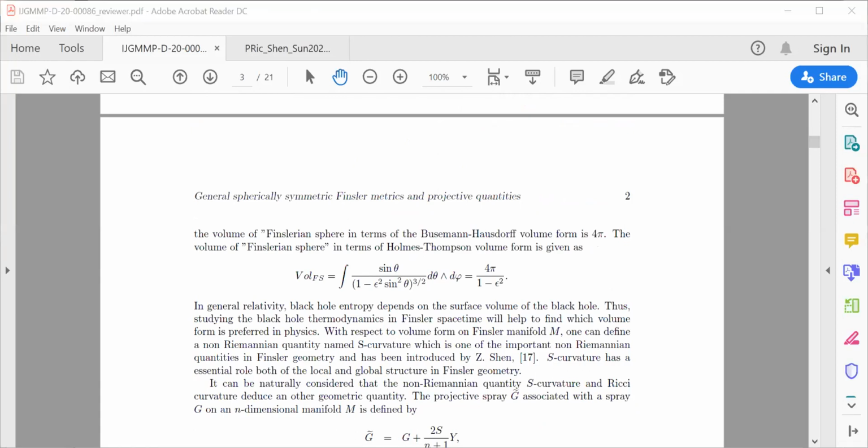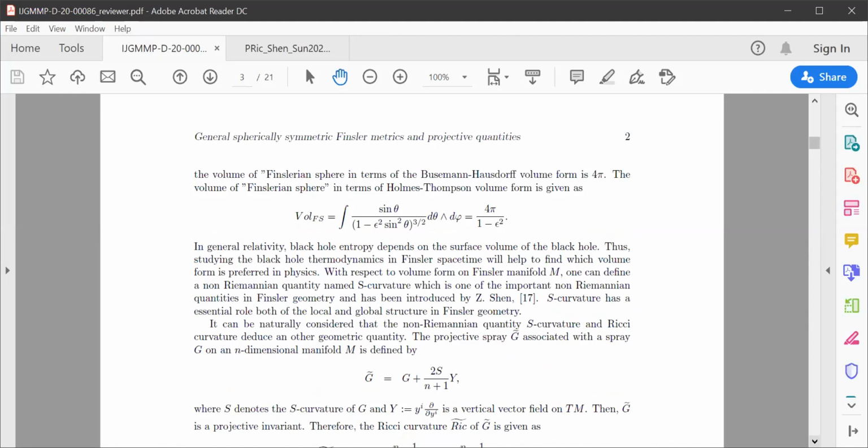So, talking about the Hausdorff. When I see this paper, I had to see immediately what S curvature means here.